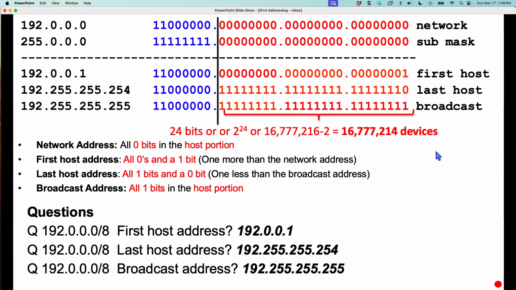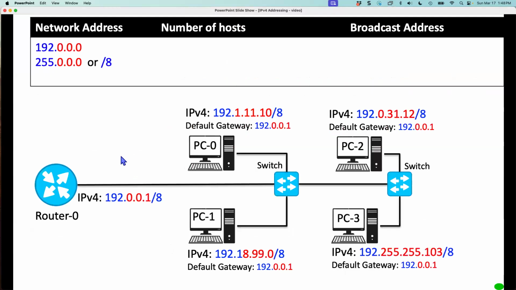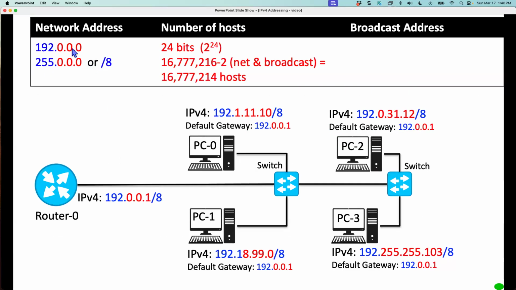Okay, that's how many available addresses we have. Look at this, 16,777,214. Again, we can't use the network address, can't use the broadcast address to assign to a device. All right, so there's our network address, subnet mask, that's 24 bits for our host, broadcast address. Okay.